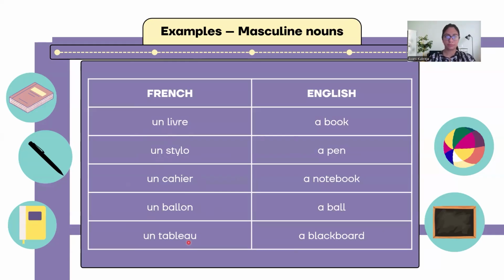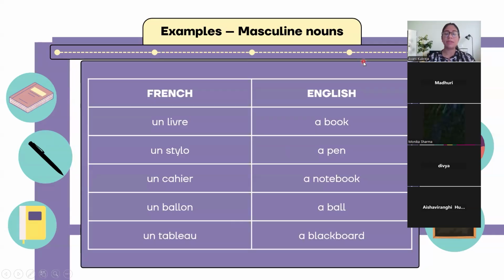It's tableau. EAU independently is pronounced as O. If you remove the EAU, it will become table. But with EAU in the end, the pronunciation is tableau.